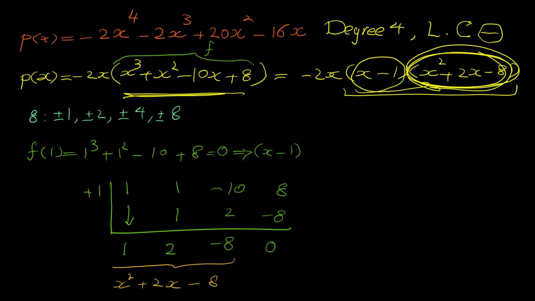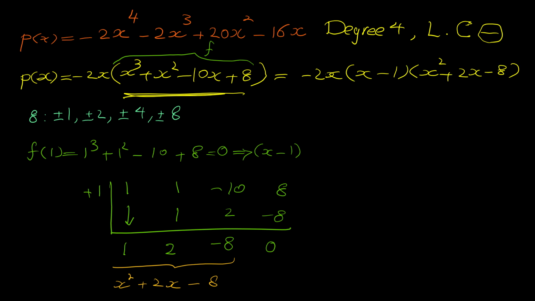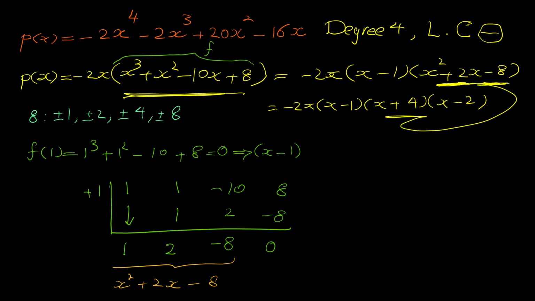Now this quadratic expression can be factored easily in this way: negative 2x times x minus 1 times x plus 4 times x minus 2. We are looking for two numbers whose product is negative 8 and whose sum is 2. Those numbers are 4 and negative 2. This is the way that we factor quadratics.